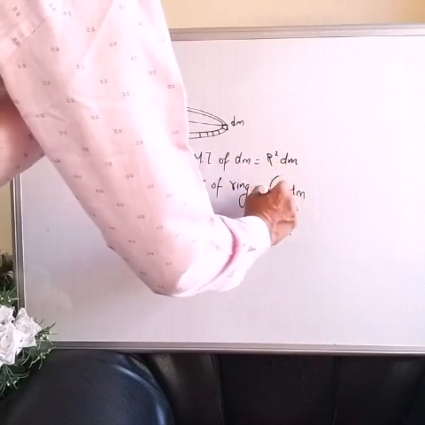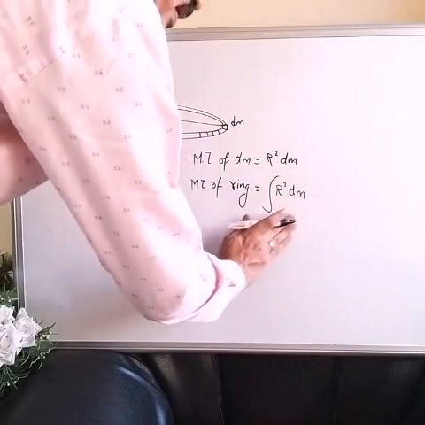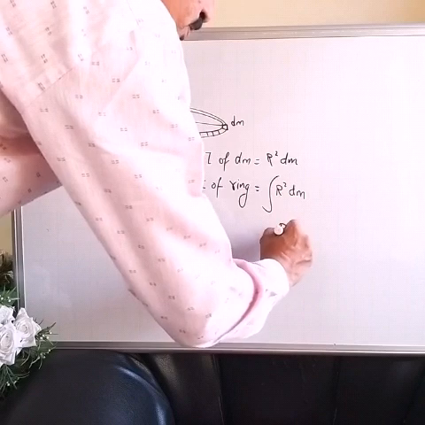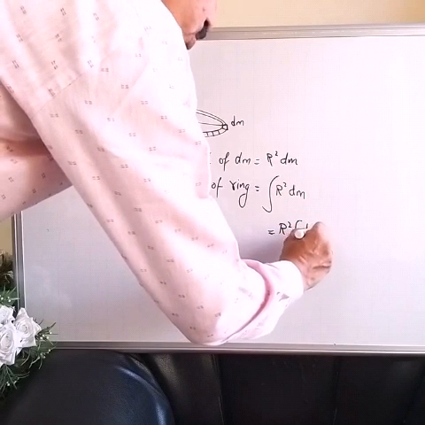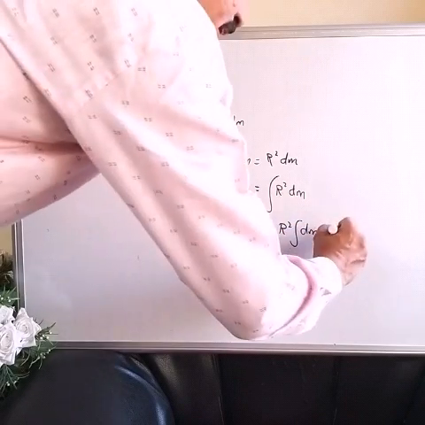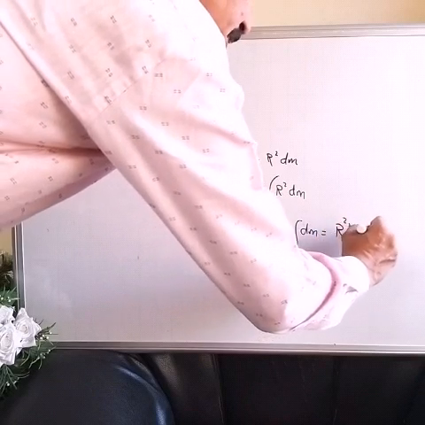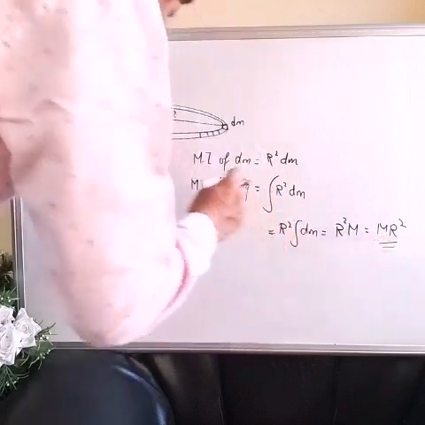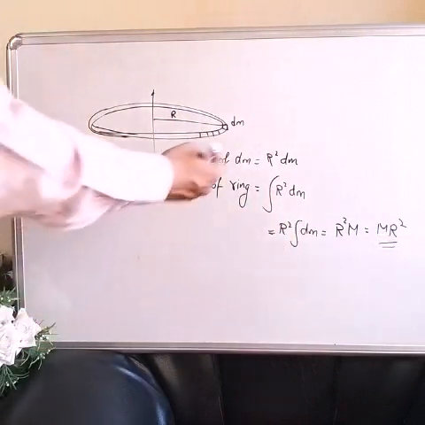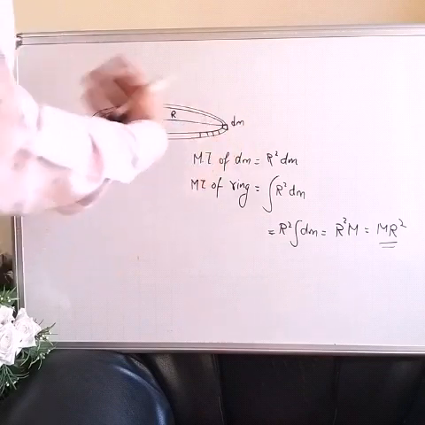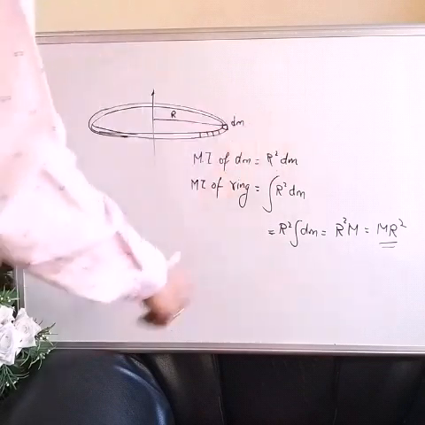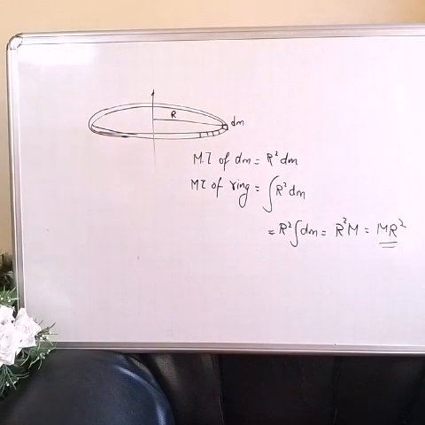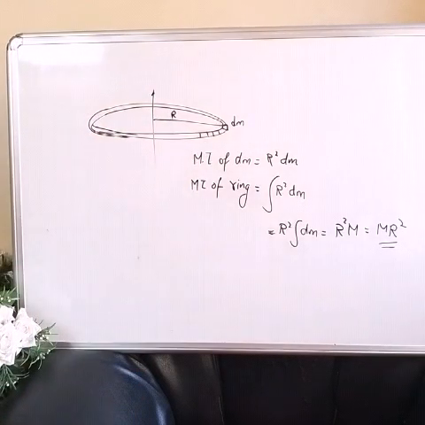In r square dm, R is constant and the integration of dm is the total mass of the ring, so it will be R square into M, or simply M R square, right? This is the way we integrate. We first find the moment of inertia for a small element, and then for the complete body we integrate. So remember this concept, it will be helpful in the next derivation.